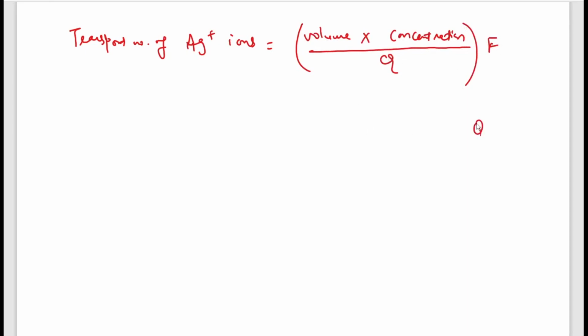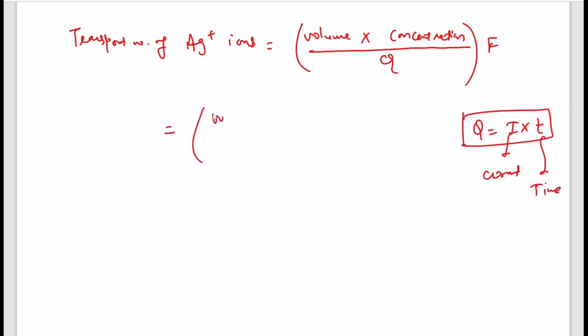Clear? And Q is equal to I multiplied by T. I is current and T is time. So we can replace it here: volume multiplied by concentration divided by I multiplied by T into F.